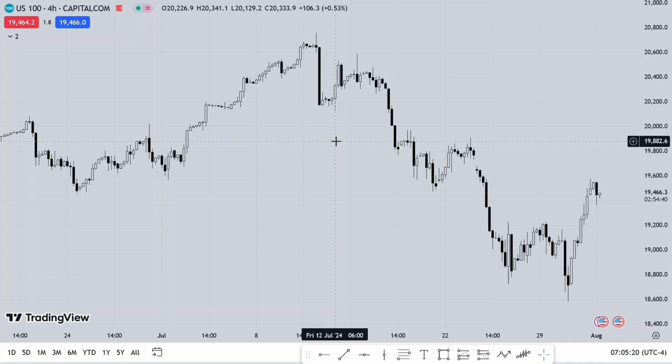The first principle of algorithmic theory is time. Any form of algorithm does not operate without time. And for this trading, we are using New York local time.